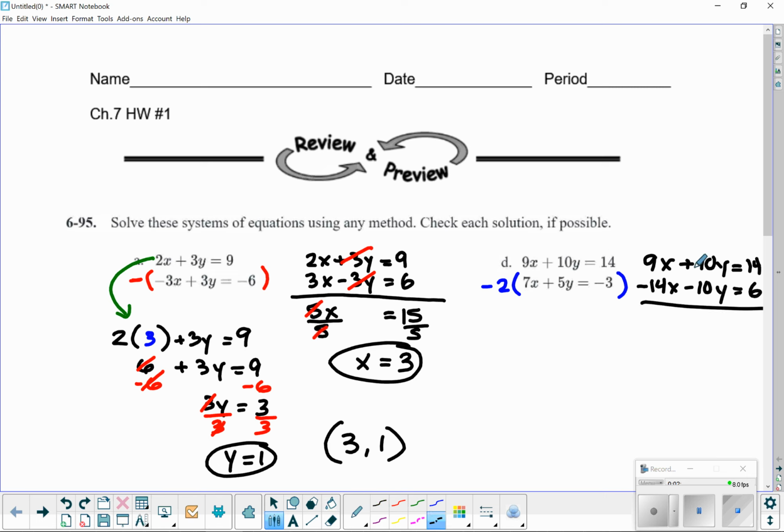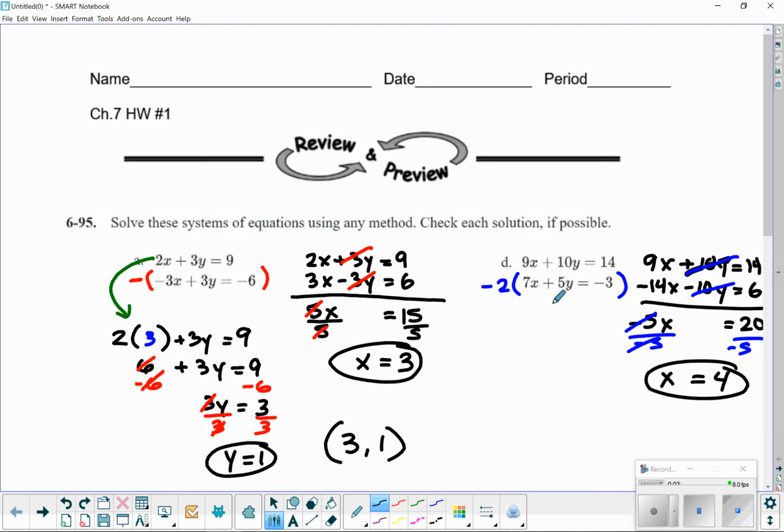By doing this, I will have eliminated the y's. And this will give me 9, 10, 11, 12, 13, 14. That's a negative 5x equals, and then 14 and 6 is 20. Divided by negative 5, and I get x equals 4. Okay, that's my first answer.